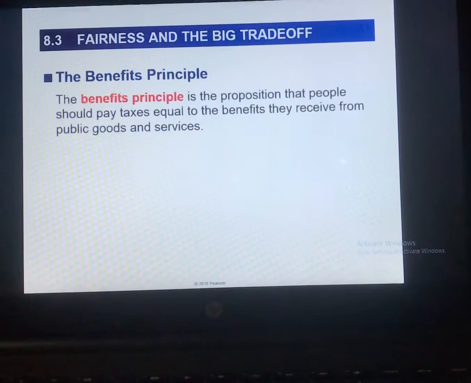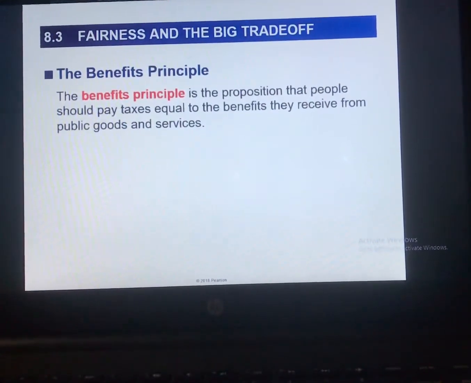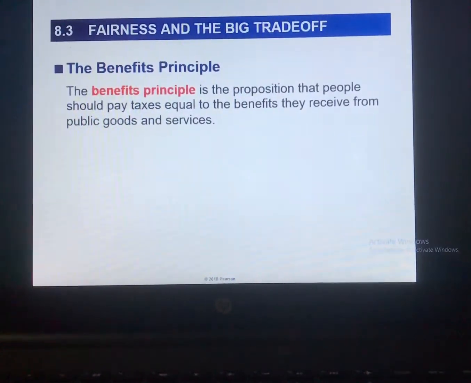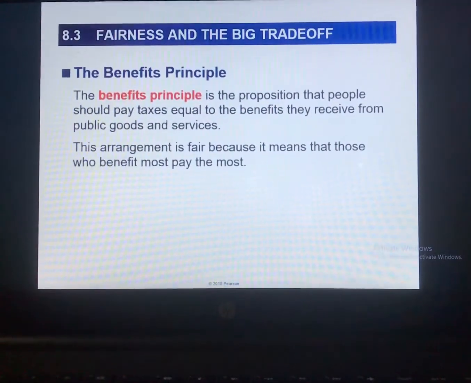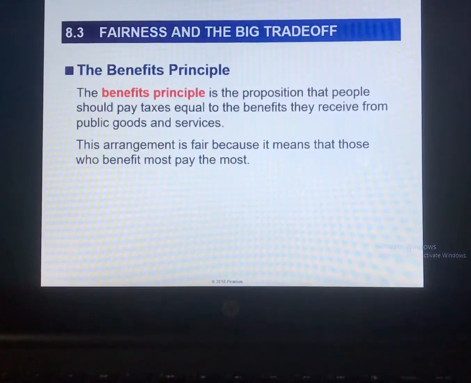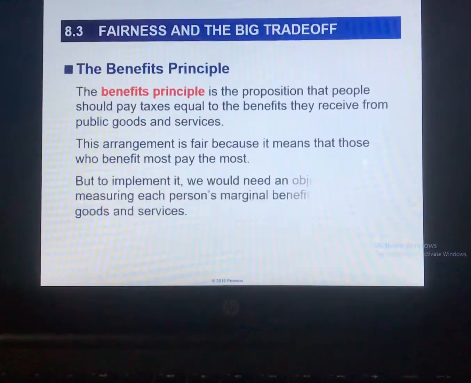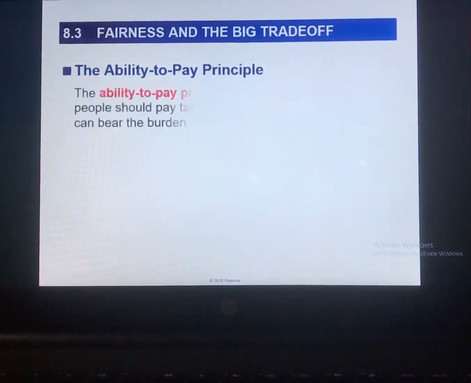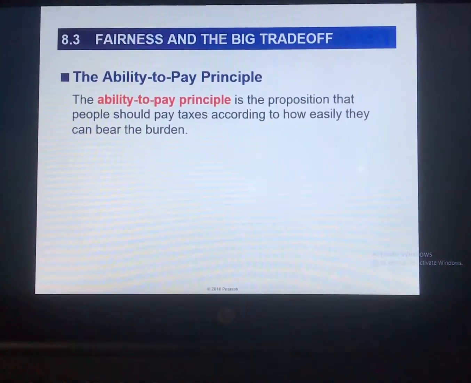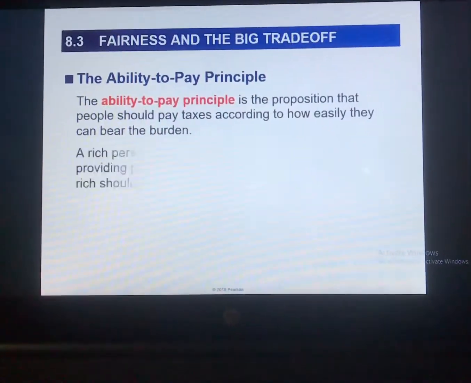So, the benefits principle. The benefits principle is a proposition that people should pay taxes equal to the benefits they receive from public goods and services. This arrangement is fair because it means that those who benefit most pay the most. The ability to pay principle is a proposition that people should pay taxes according to how easily they can bear the burden.